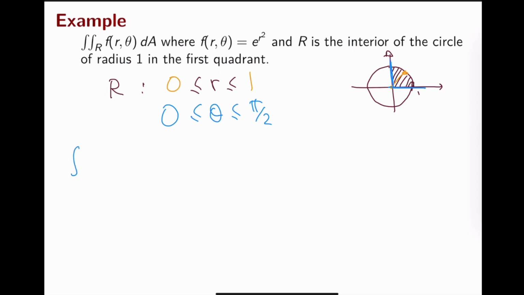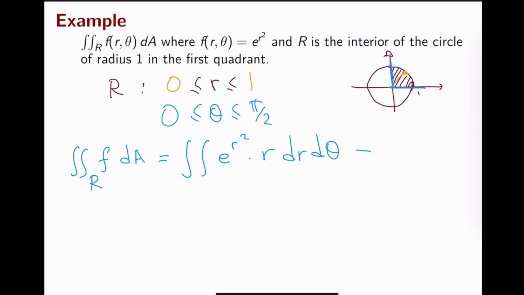And so the double integral over this region of the function dA is going to be equal to the double integral, and remember that here we need to put the function e to the r squared times r dr d theta.